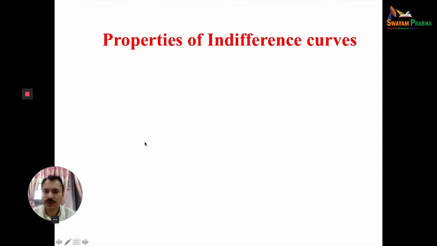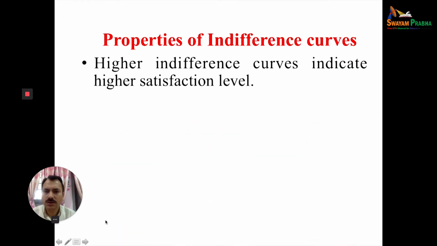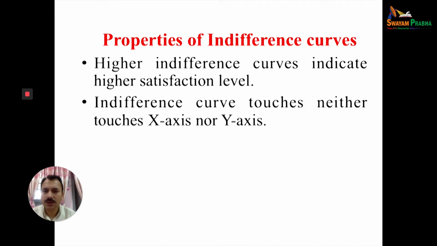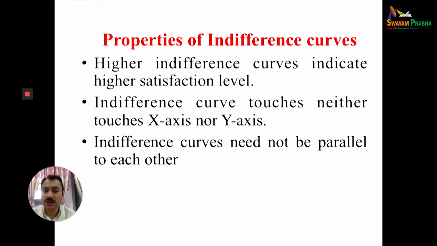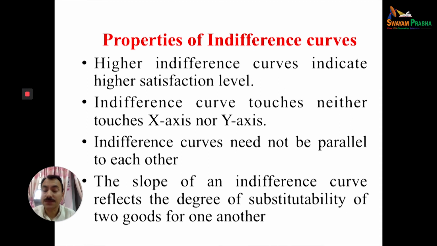The next property of the indifference curve: I have already told you that a higher indifference curve indicates a higher satisfaction level. Indifference curves need not be parallel with each other. They can be any shape.